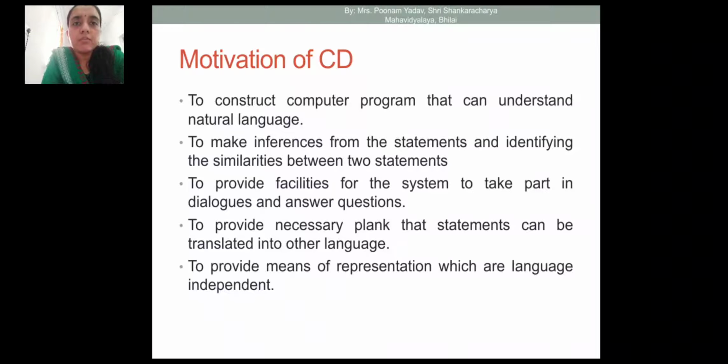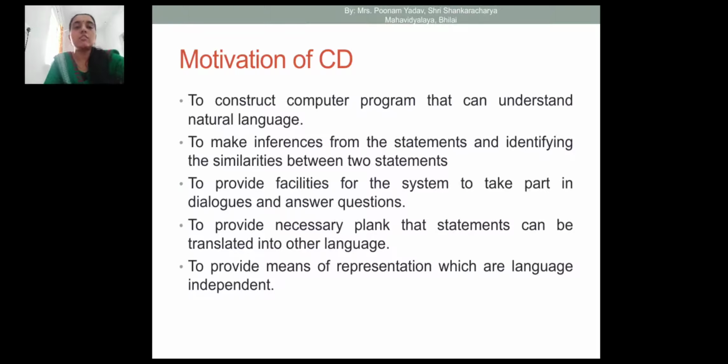Now the motivation of conceptual dependency is to construct a computer program that can understand natural language. We require that the computer can understand natural language, make inferences from statements and identify the similarities between two statements.